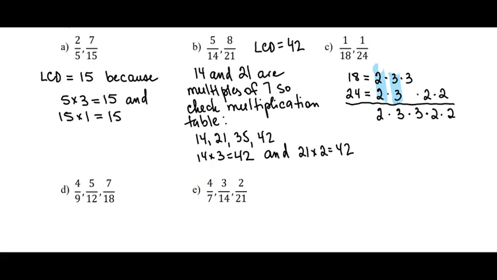So let's go ahead and multiply that through. 8 times 9 will get you 72. So LCD equals 72.